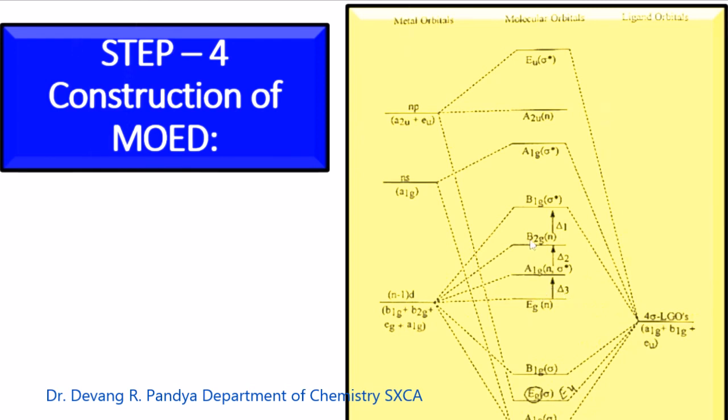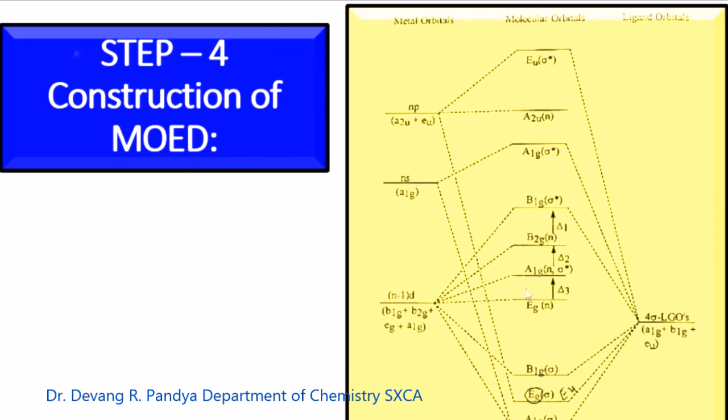Higher than A1G, we have B2G, that is completely non-bonding, and the energy difference between B2G and A1G is represented over here as delta 2, another splitting energy. And the other one, that is B1G star, with dx square minus y square and dz square partial interaction, and the energy gap between B2G and B1G is represented by delta 1.